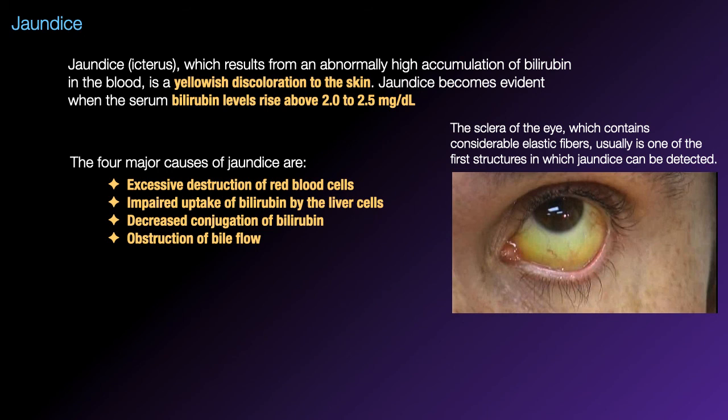There are 4 major causes for jaundice, and these are an excessive destruction of erythrocytes for any cause, an impaired uptake of bilirubin by hepatocytes, a decreased conjugation of bilirubin, and what we were just talking about, which is obstruction of the bile flow. In all these situations, bilirubin will increase in blood either because an excess is produced or due to failure to remove it from the blood.